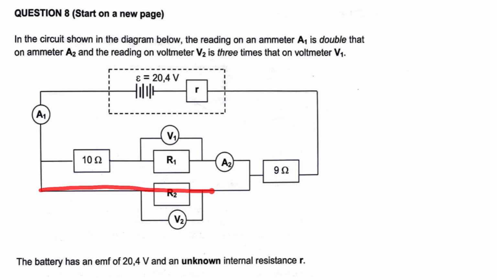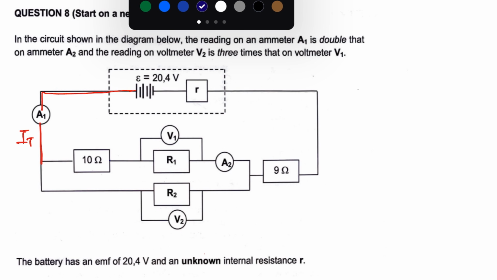And there's another current that goes this way. But looking at this circuit here, let's use the colors. It's the total current there, and then there's a split there.